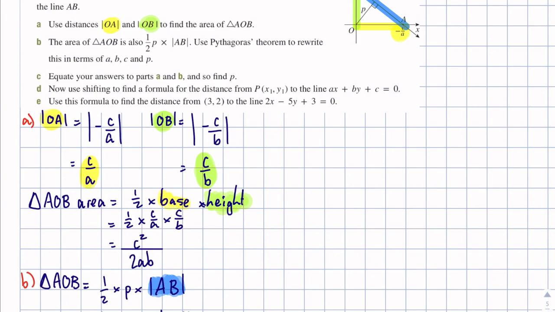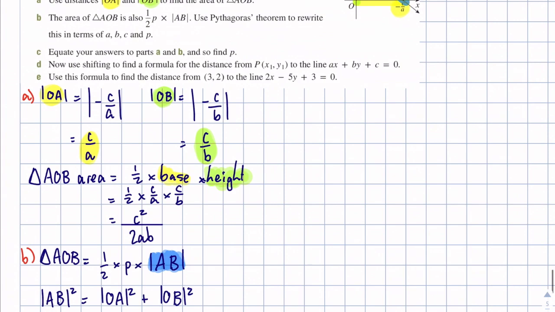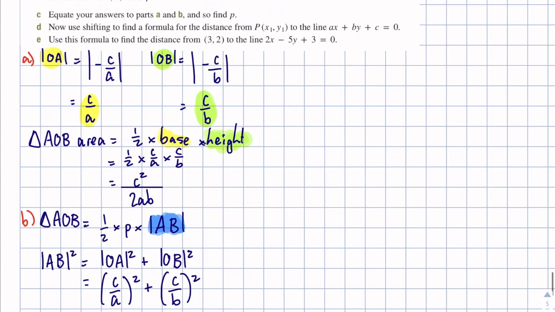OA was, well, that was C on A squared plus C on B squared. So AB squared equals C squared on A squared plus C squared on B squared.